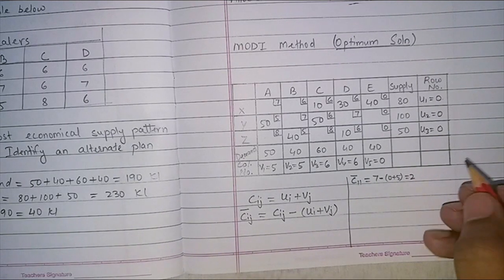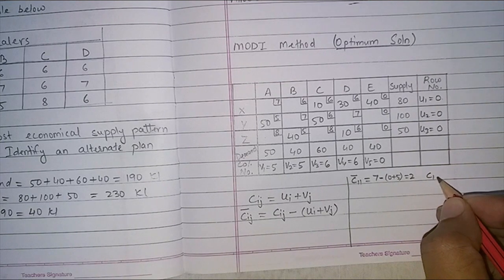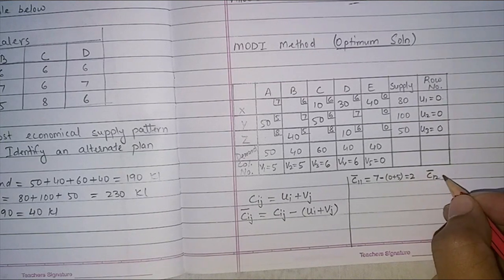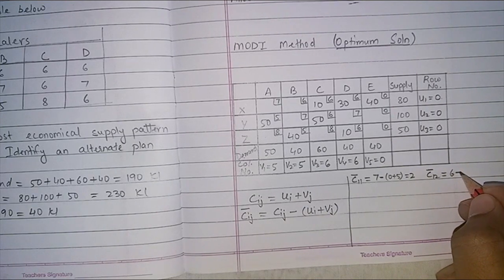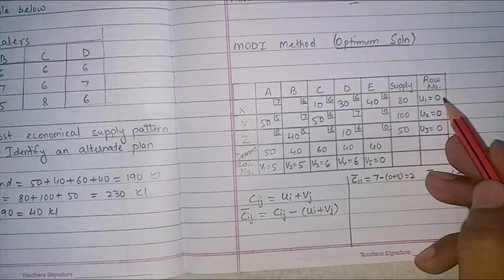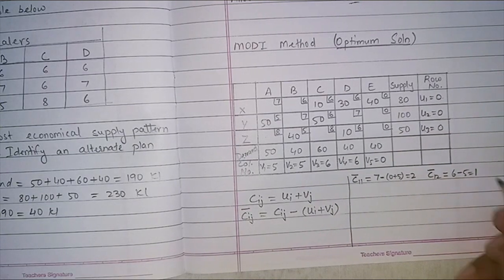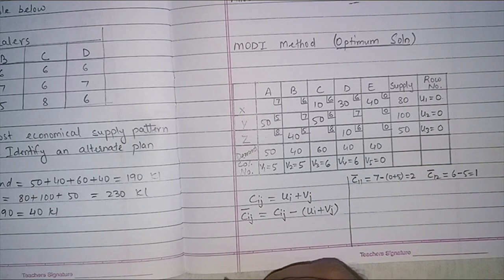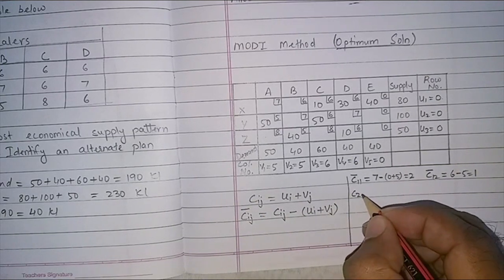Then for C12, we have 6 minus (0 plus 5), that is 5, which is equal to 1. The next one is C22.